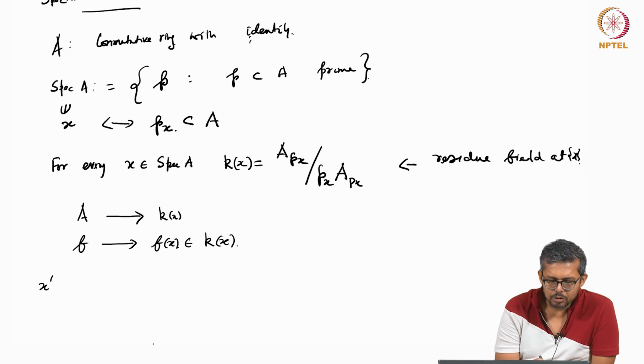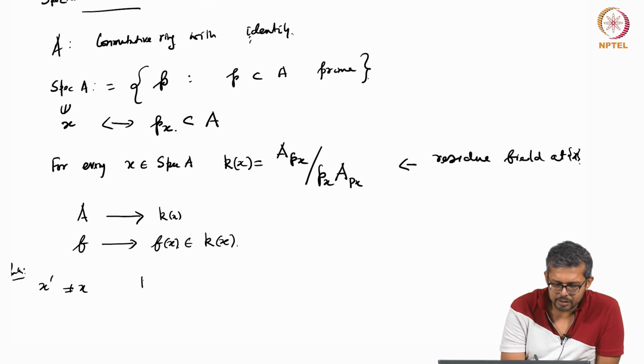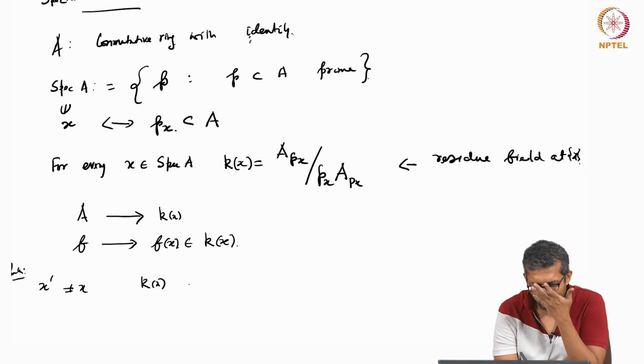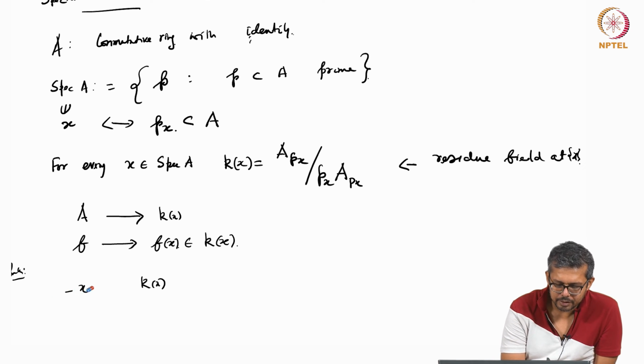So this is a remark: if x' is not equal to x, then k(x) and k(x') may be different fields. The k(x)'s are different at different points.